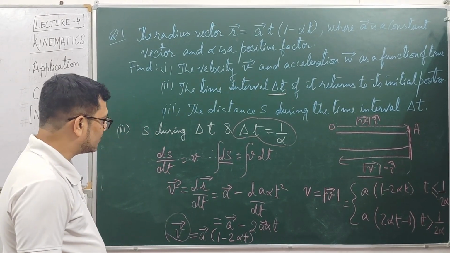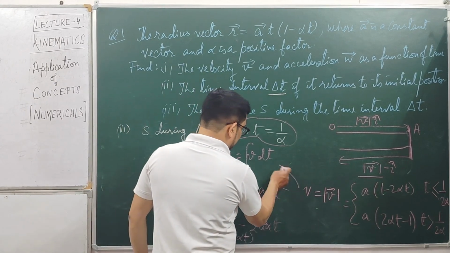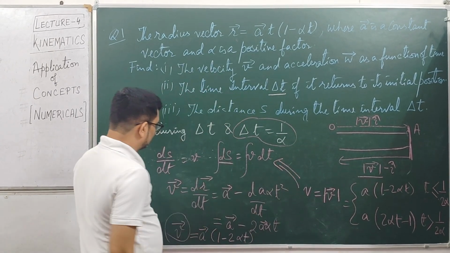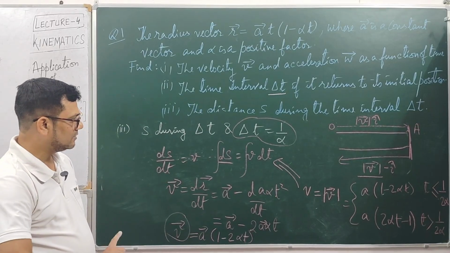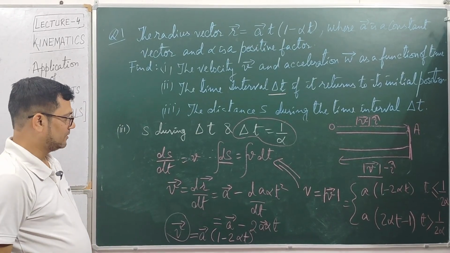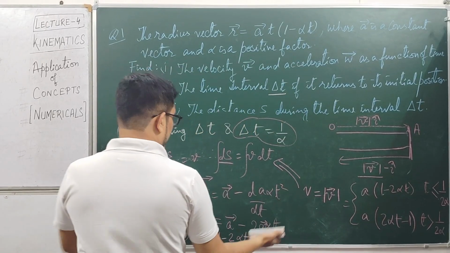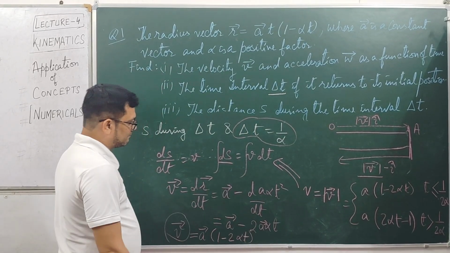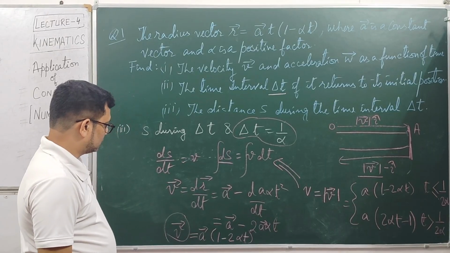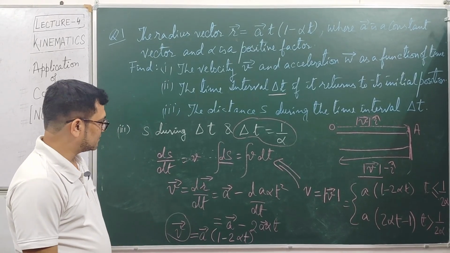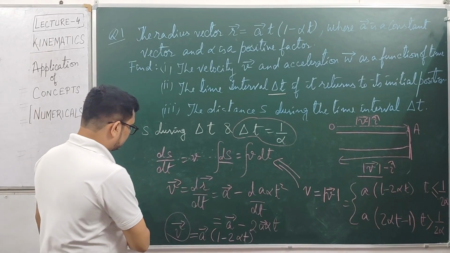Having known this, why do we want this? Because in this equation, we'll be using this when we integrate over 0 to delta t. We just need to put in that value here and perform the integration. So take note of these steps and then we'll move forward.